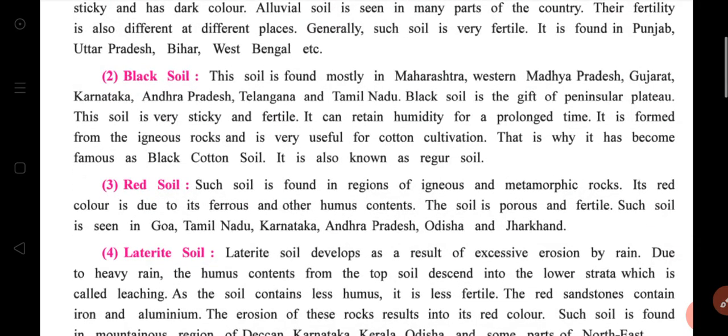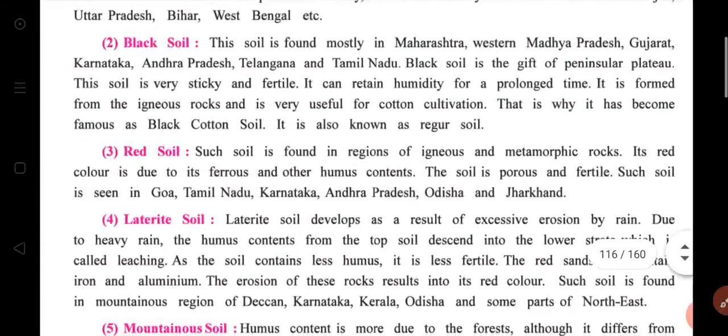Then black soil, just read by yourself. Then red soil, just go through and give a plain reading, because it is a revision, not a first-time study or learning.